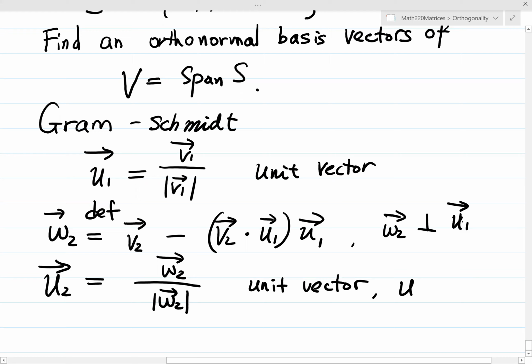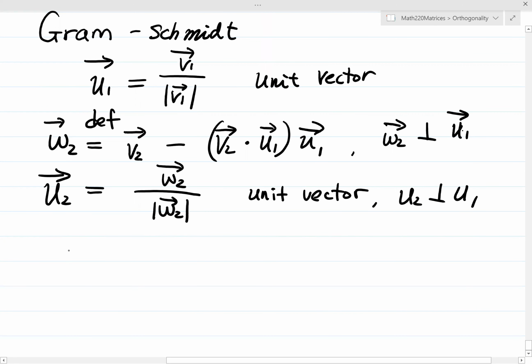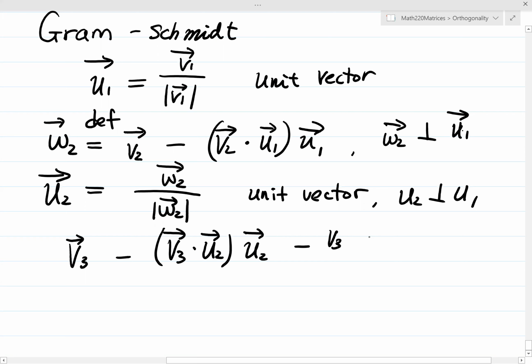Now for U3, for V3, we subtract the projection of V3 onto U2 and onto U1. So this is V3 dot U2 times U2, the projection on U2, minus the projection of V3 on U1: V3 dot product with U1, multiplied by the direction vector U1.